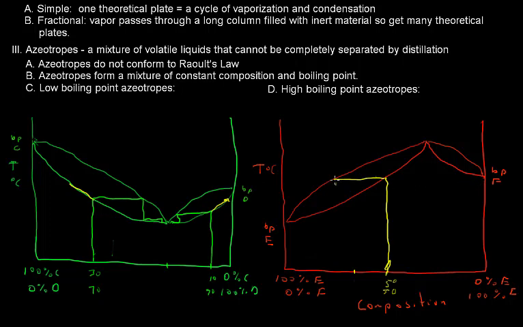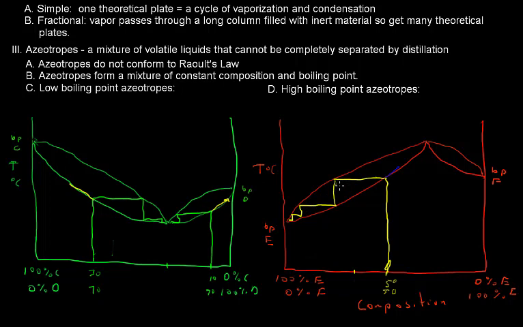So one theoretical plate, this is our new liquid composition. Another theoretical plate on our column, and that's our new composition, and one or two more brings us to pure E coming off. But again, it's important to note that as the vapor is getting pure here, the liquid is going in this direction.